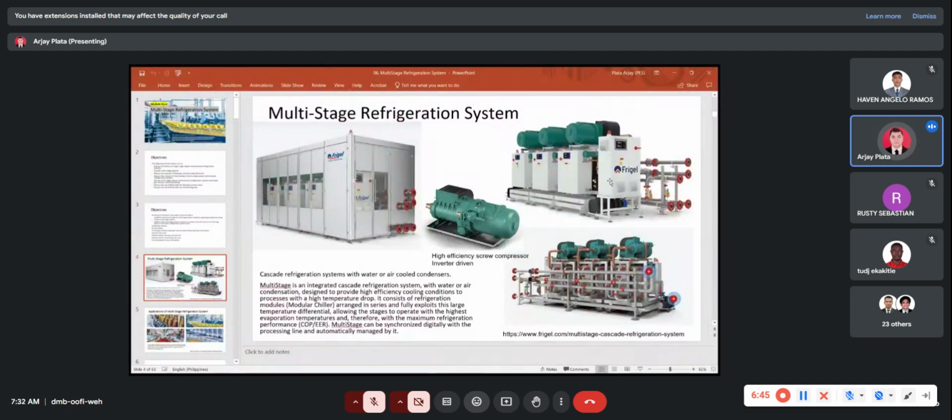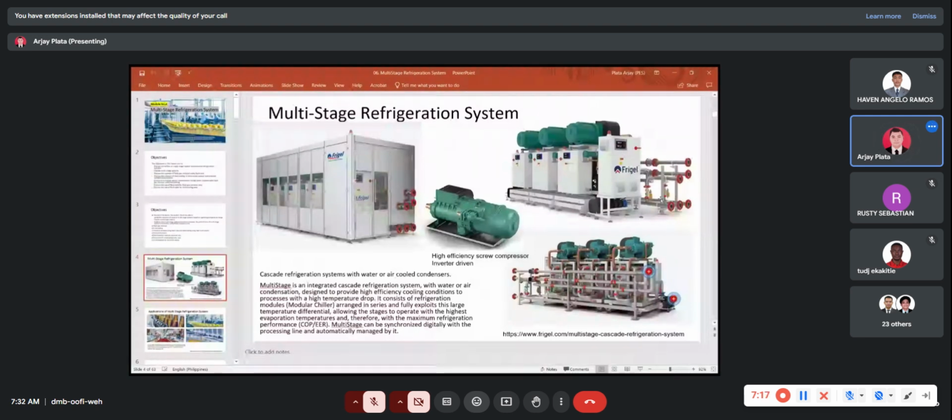So as you can see here, these are our three units, meaning three stages of refrigeration. So inside this big container is this unit. And then this is the inside view or the internals. This is the back view of this Frigel.